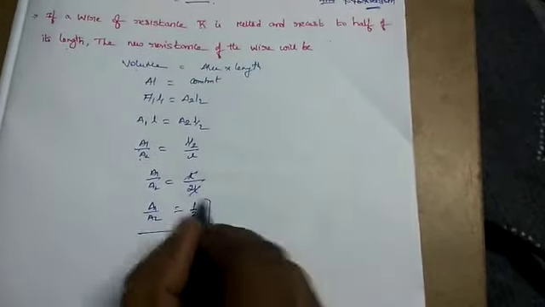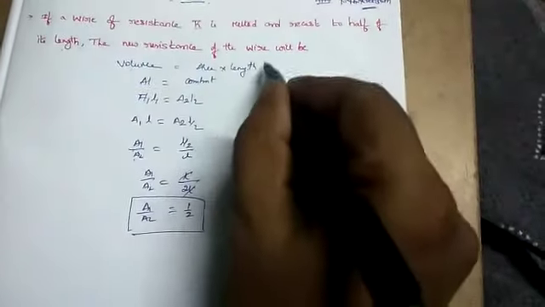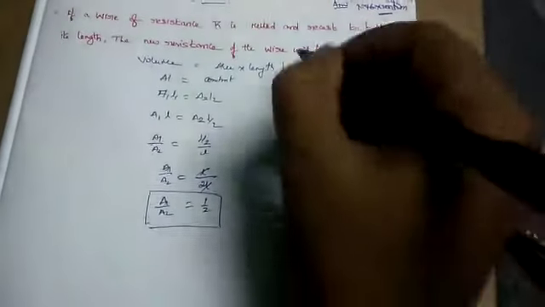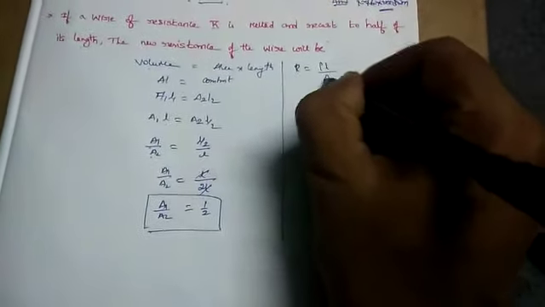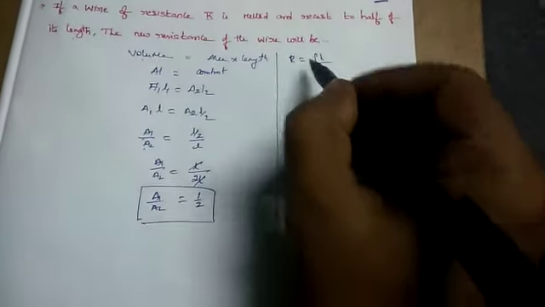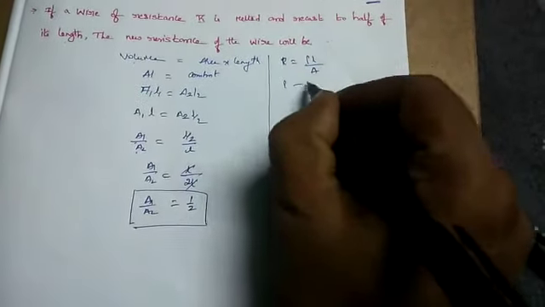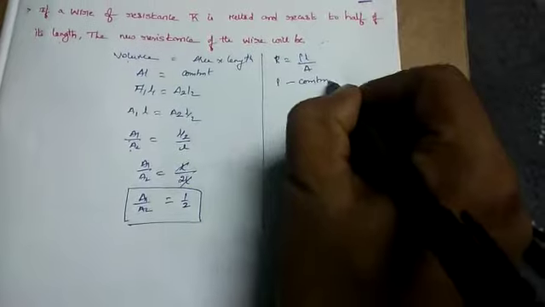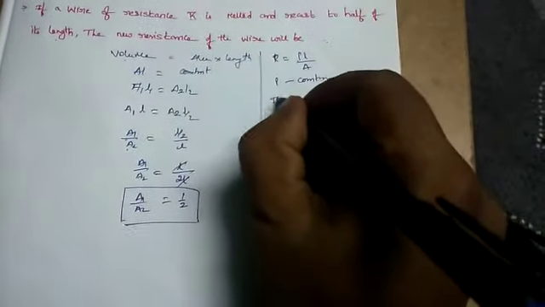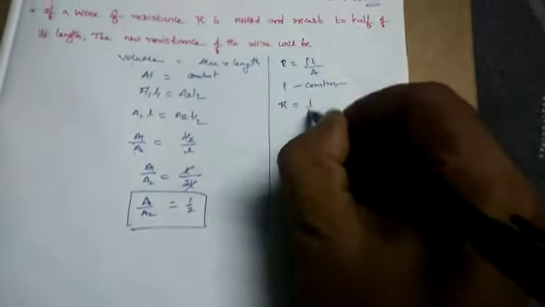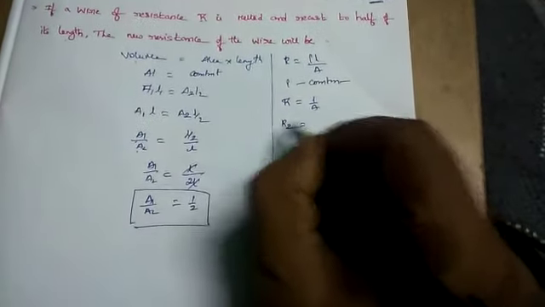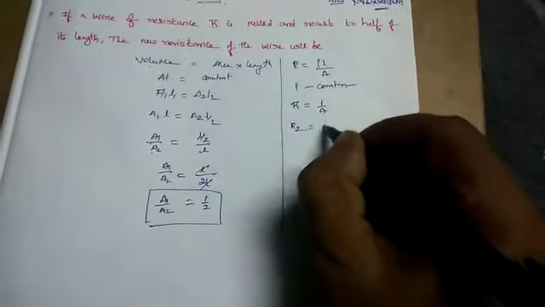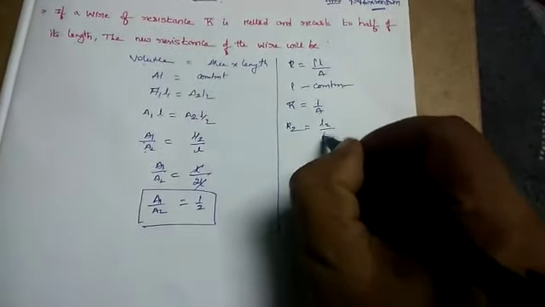Why do we have to find A1 by A2? Because we know the formula: resistance R is equal to rho L by A. Here rho is constant. So for the original resistance, R1 is equal to L1 by A1. Now we can get R2. The new resistance R2 is equal to L2 by A2.